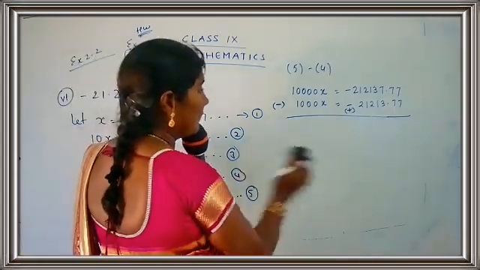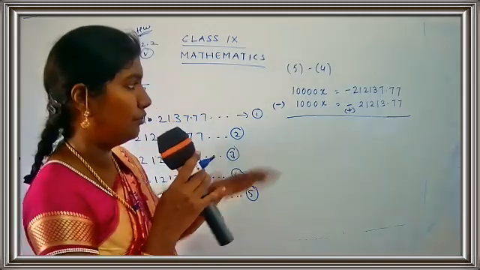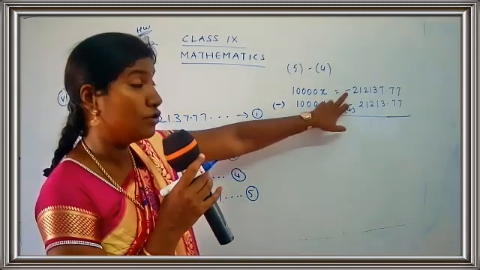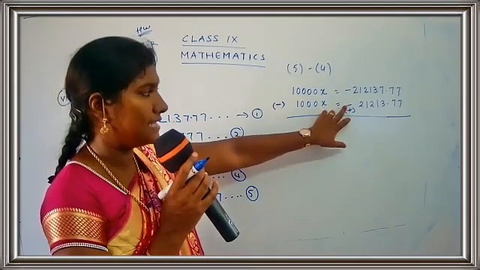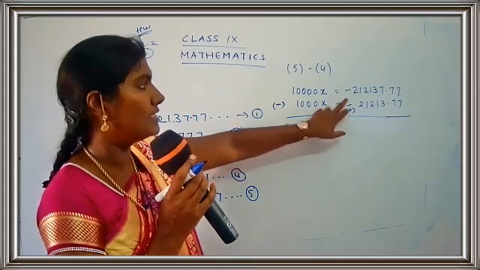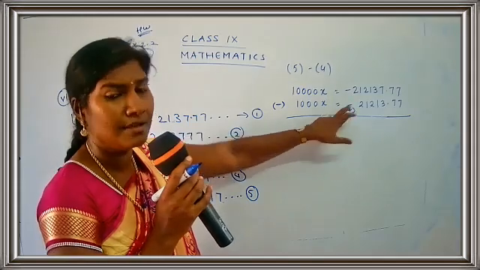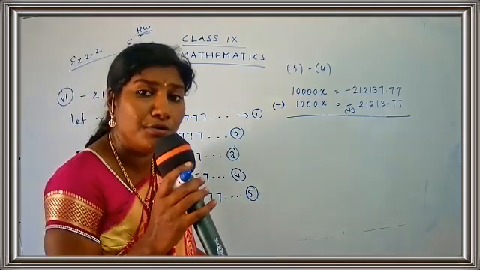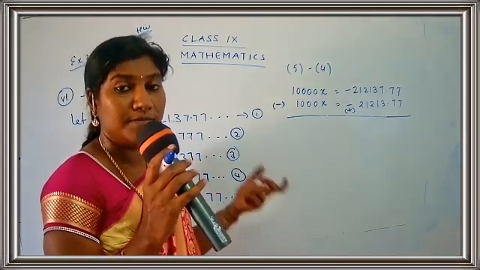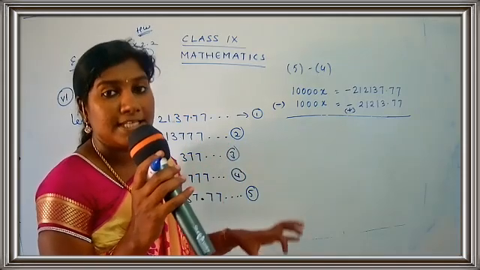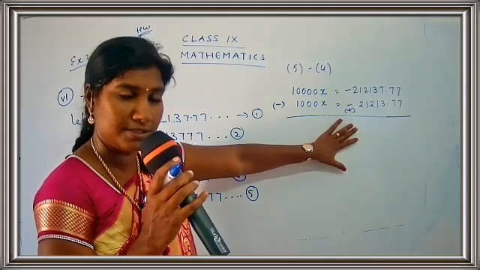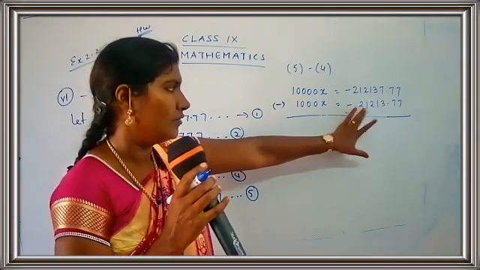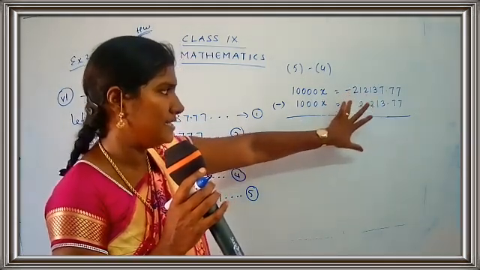So now here what happens? The minus will change into plus. Don't change the first number; you have to change only the second number. So what is the answer for minus plus? Minus plus means we are going to do minus alone. That means you have to subtract these two numbers. What was the number here? It was minus minus.